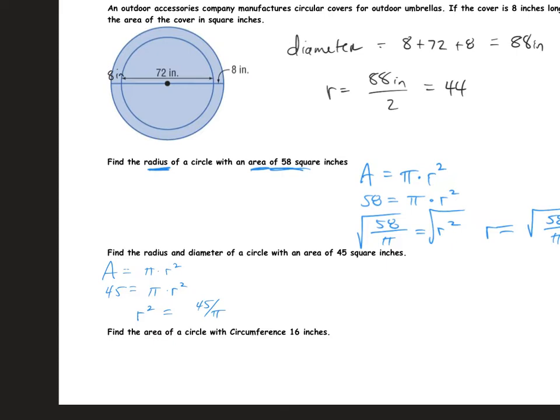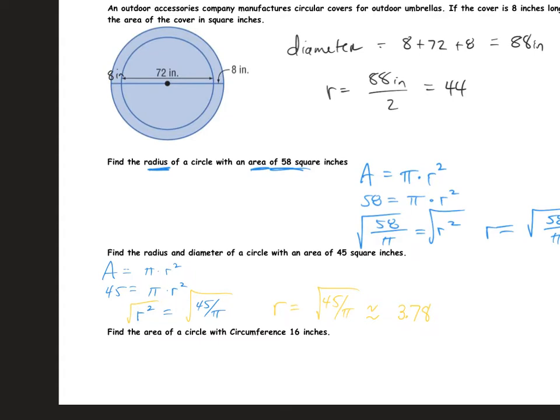In order to get the radius, I have to take the square root of both sides. So r is equal to the square root of 45 divided by pi. When I take 45 divided by pi on my calculator and take the square root of that answer, I get about 3.78. Okay, that's what the radius is.